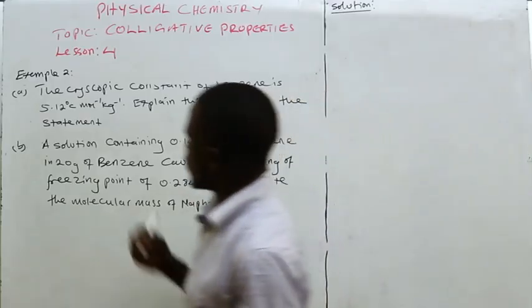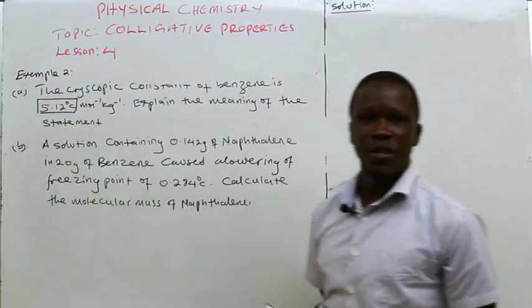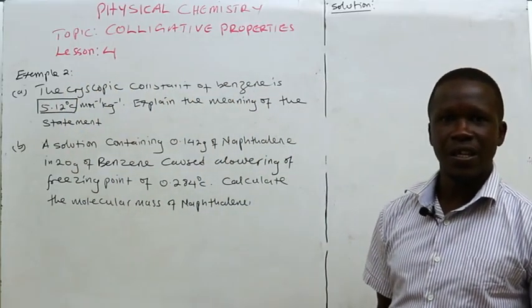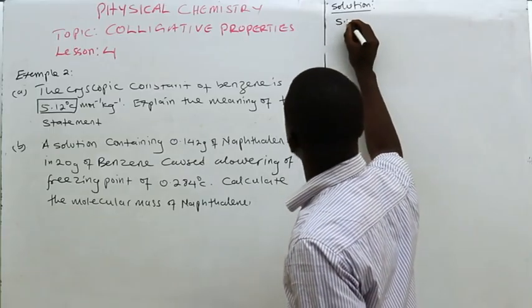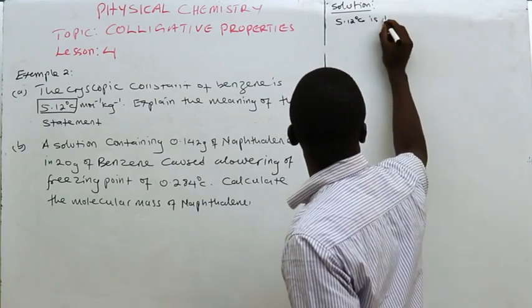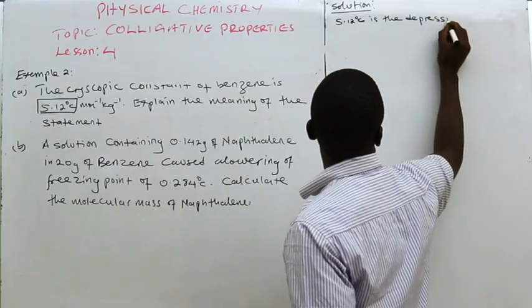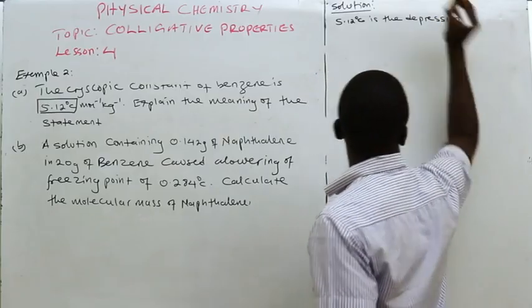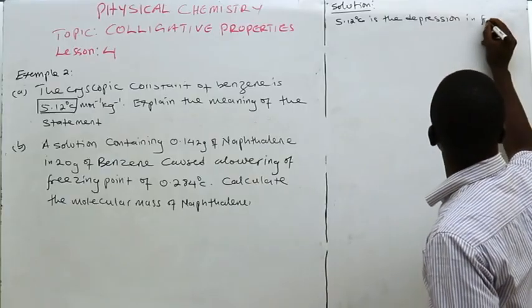So 5.12 degrees Celsius is the depression in freezing point.